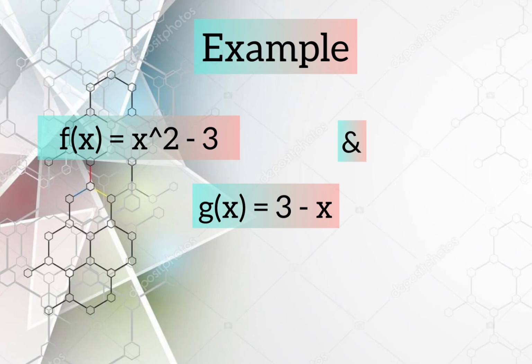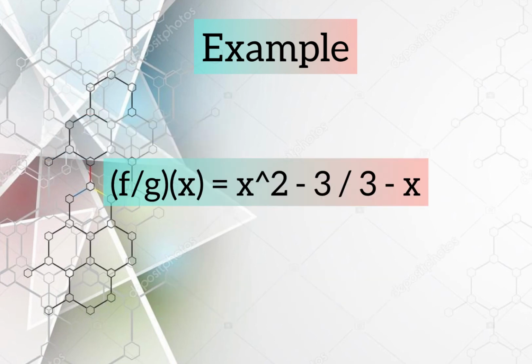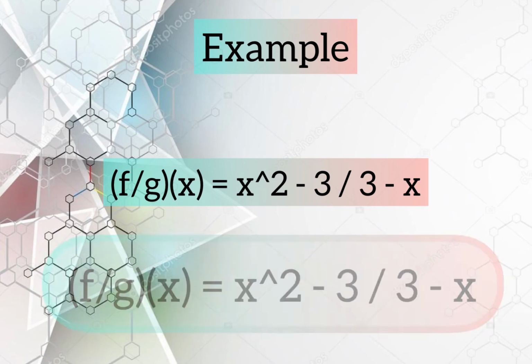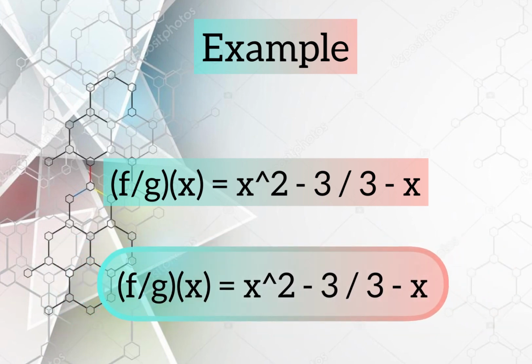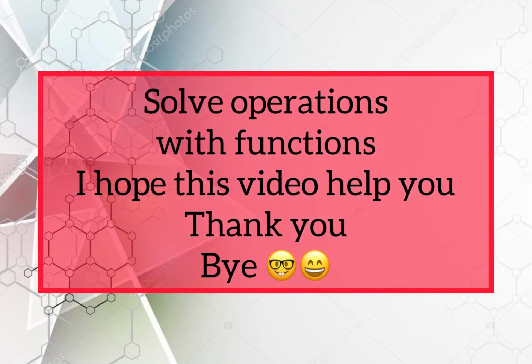We make the replace process, and the initial formula will be parenthesis f divided by g parenthesis of x equal to x to the second power minus 3 divided by 3 minus x. And in this case, the result of the division will be this, because there is no option to factorize the expression. Okay, this is how you solve operations with functions.